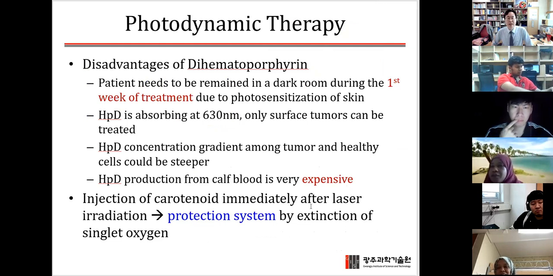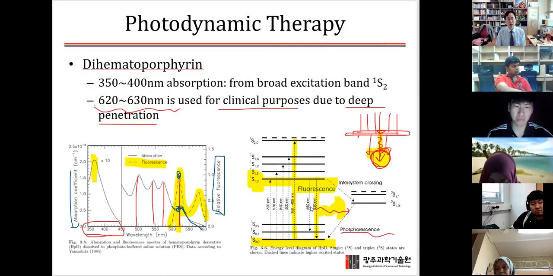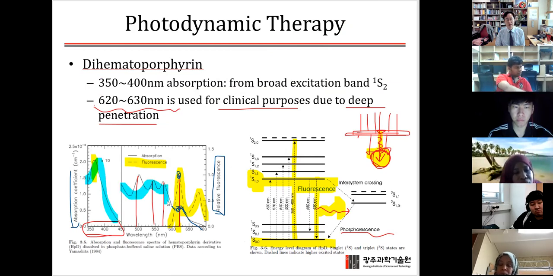But this dihematoporphyrin also has a disadvantage because it is a photosensitizer. What I mean is that even though we are using this for PDT, as you have seen in this graph, these have very high absorption in the blue color, and also this blue color here, and also the other visible range.